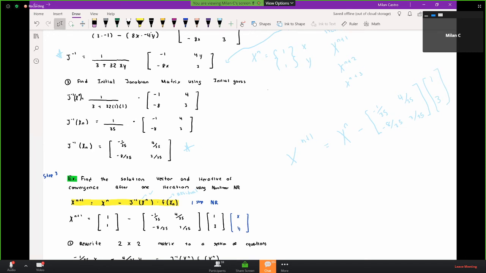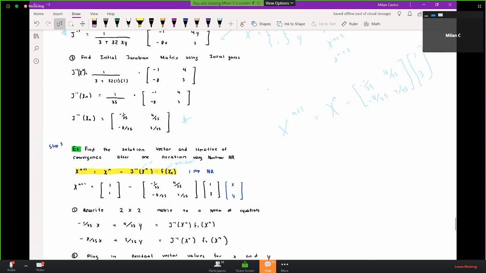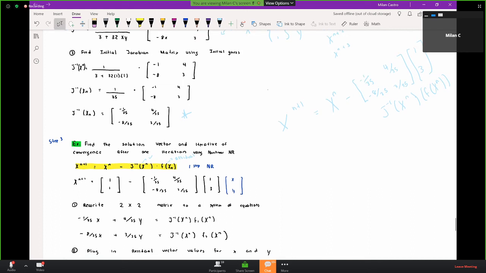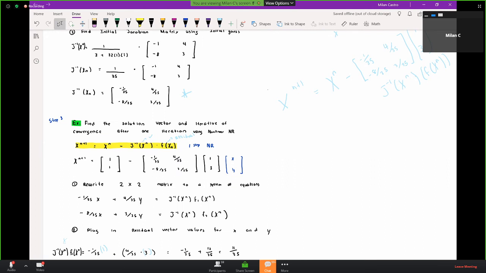Before we incorporate our nonlinear Newton-Raphson, we should find what our Jacobian inverse at xn times our f(xn) is equal to. In order to do that, I rewrote my equations as a matrix, as a system of equations, and plugged in the x and y corresponding to the residual vector.